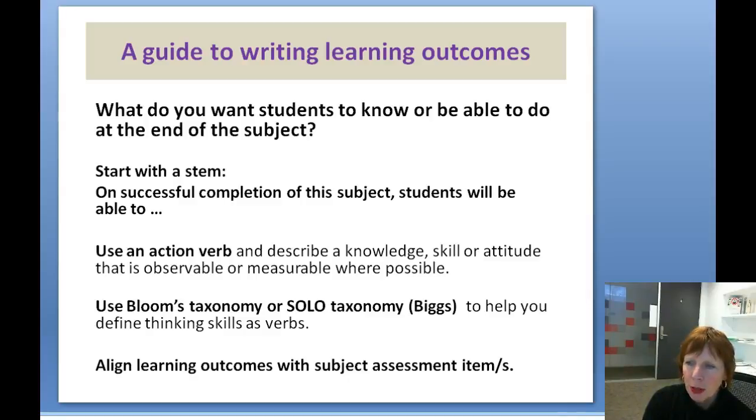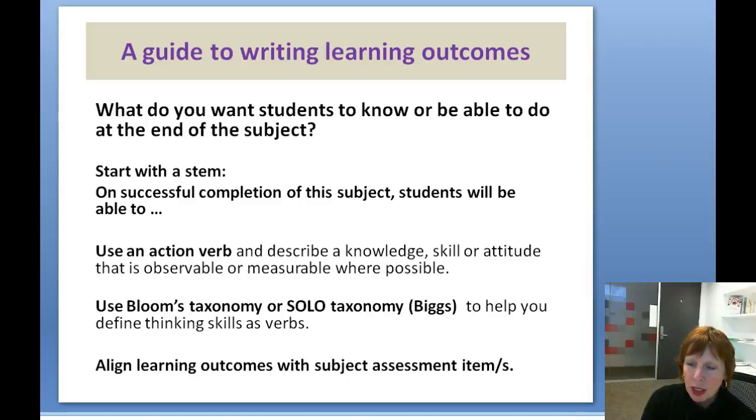Use an action verb and describe a knowledge, skill, attitude or attribute, preferably one that is observable or measurable, and that you have in mind how you will be going about assessing it.